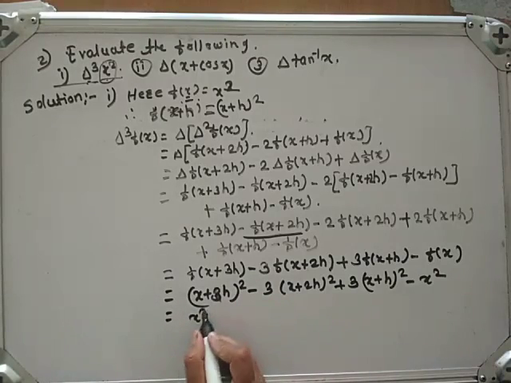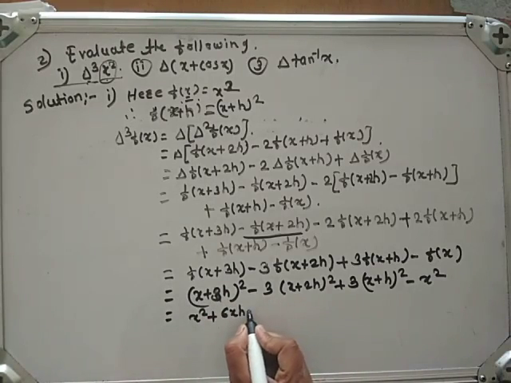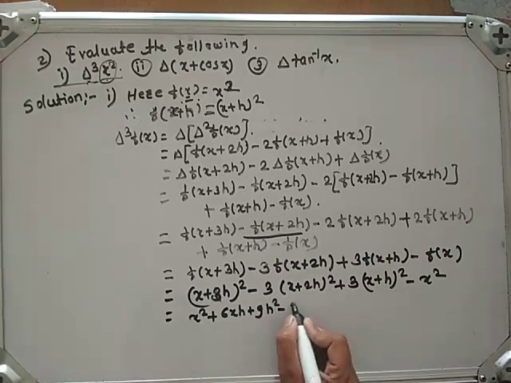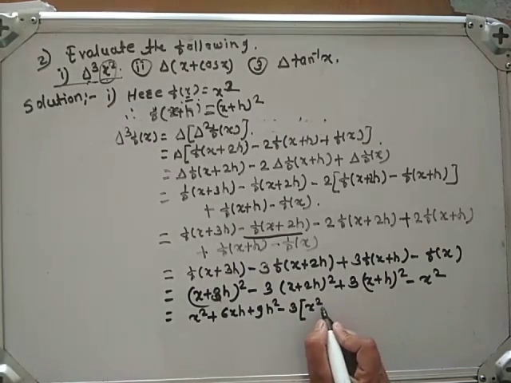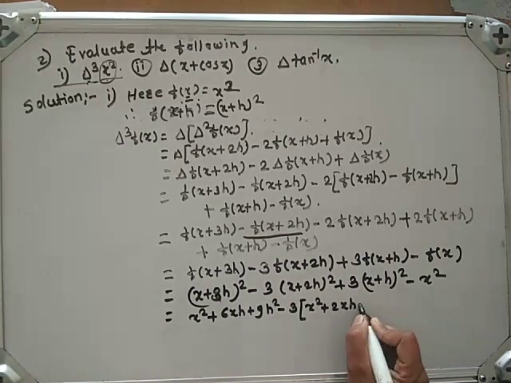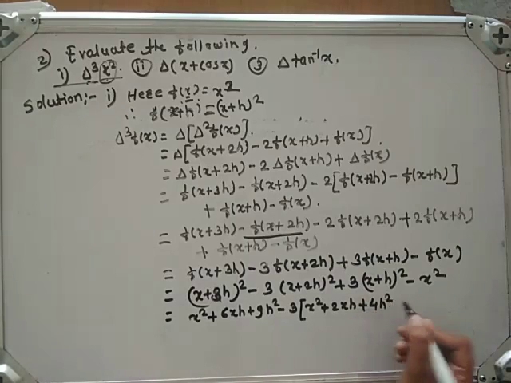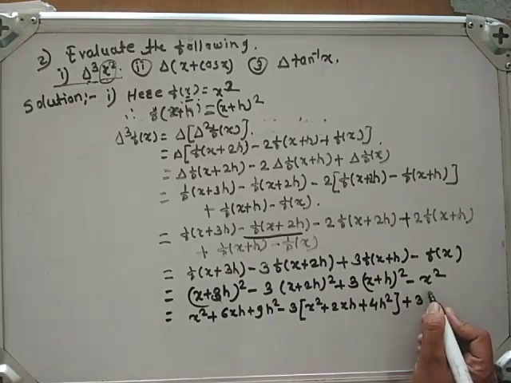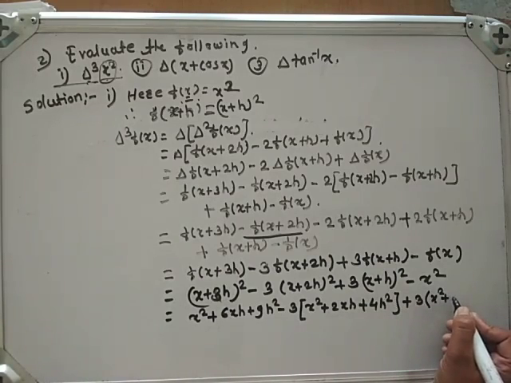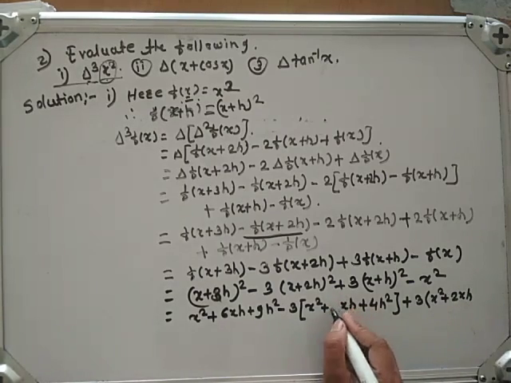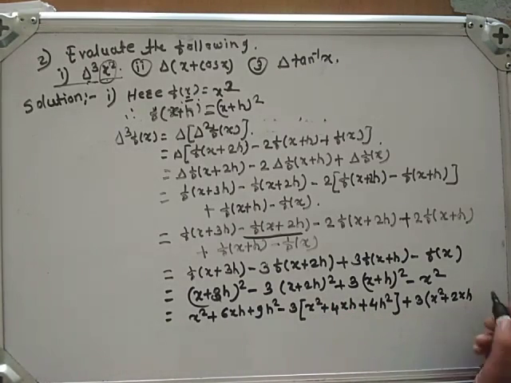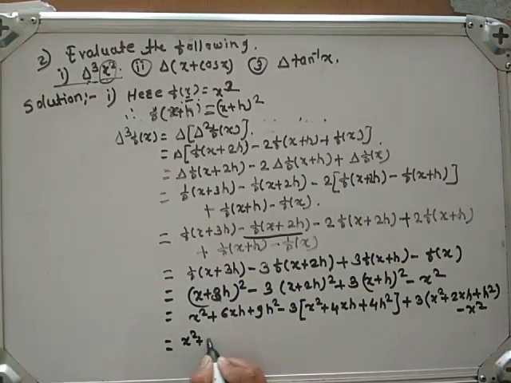Now expand this bracket: x square plus 6xh plus 9h square, minus 3 into x square plus 4xh plus 4h square, plus 3 into x square plus 2xh plus h square, minus x square.